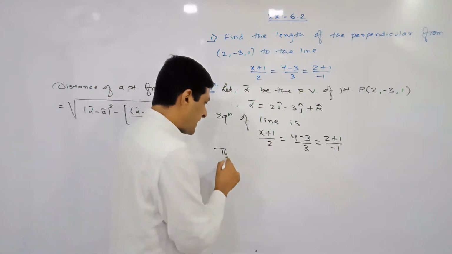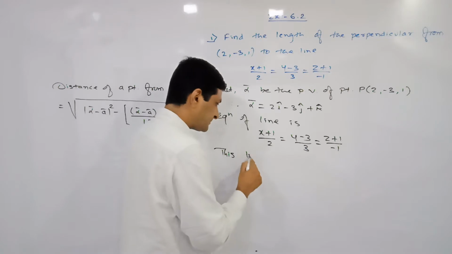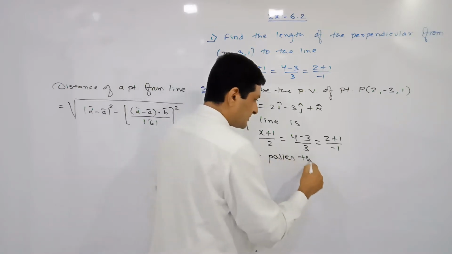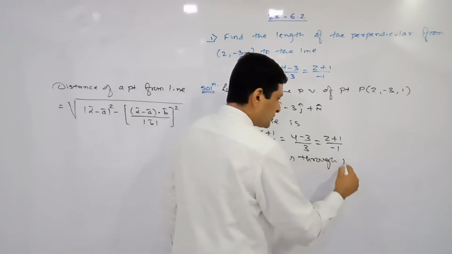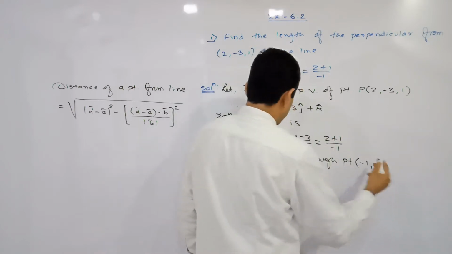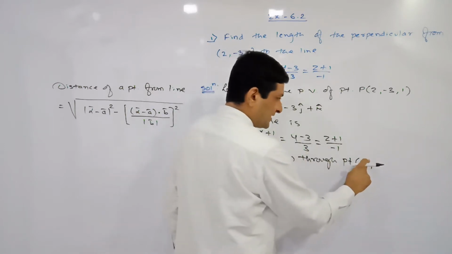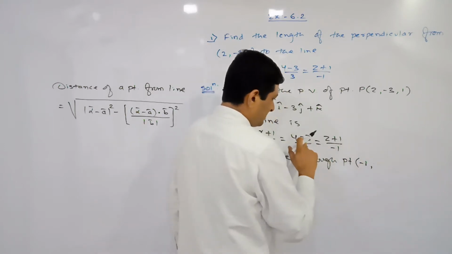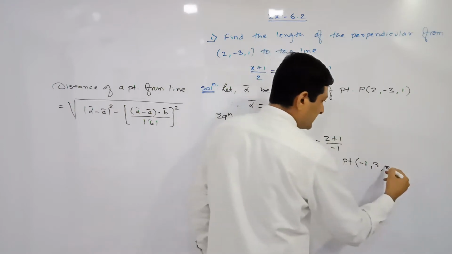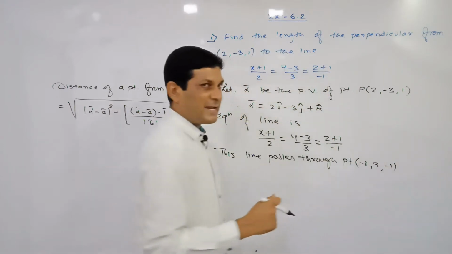So this line passes through the point. What are the coordinates of that point? -1. If +1 is there, take here -1. Then if -3 is there, take here +3, and if +1 is there, take here -1.